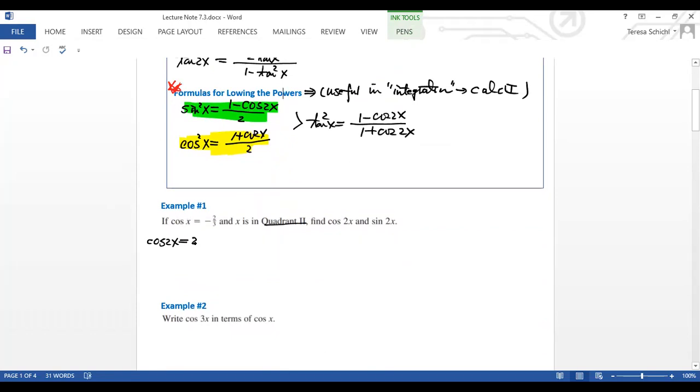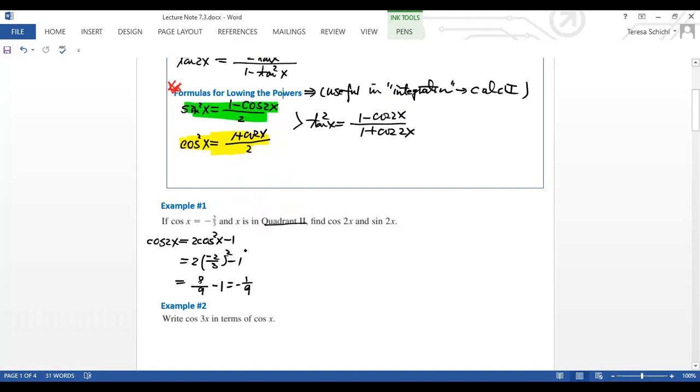Cosine 2x is 2 cosine squared x minus 1. So you just plug in negative 2/3 squared minus 1. This will be 4/9 minus 1, so this will be negative 5/9 here.